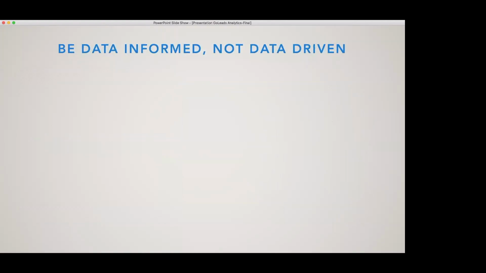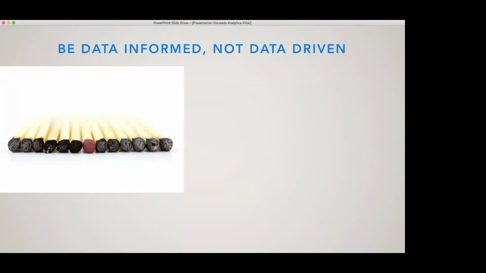The second big concept is to be data informed versus data driven. With all the data out there, and especially with all the data that's in the news, it's really easy to think that everything out there is important. But like the analytics people will tell you, it's hard to pick out the signal from the noise.